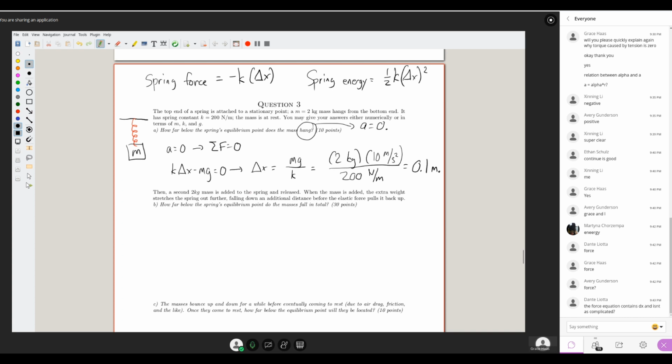All right, so now in part B, we add another mass. Let's doodle this out. First, it's hanging like this.